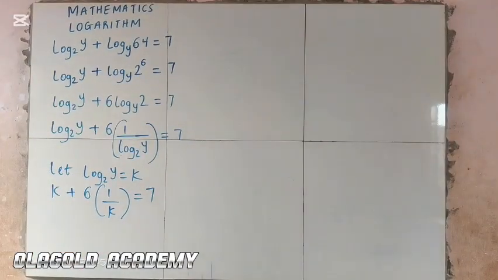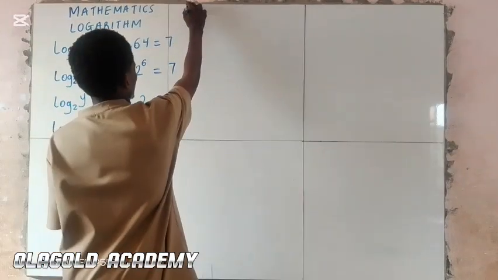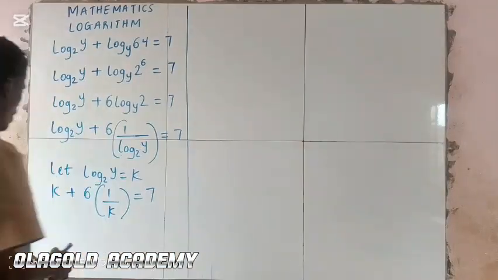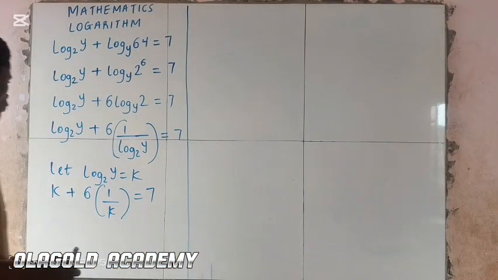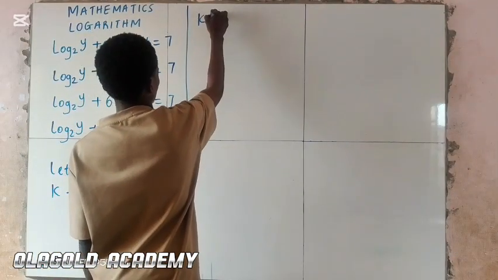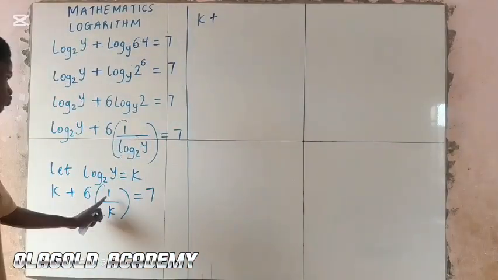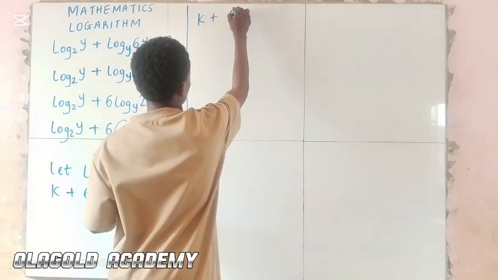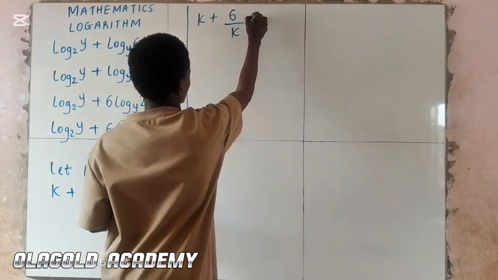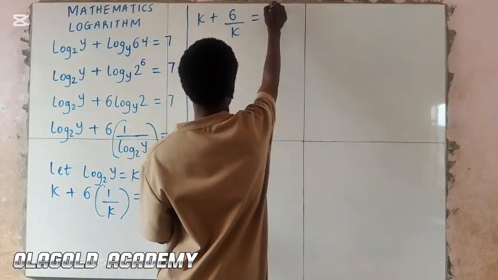I have this state. From here, I'm going to have k plus 6 times 1 gives 6 over k equal to 7.